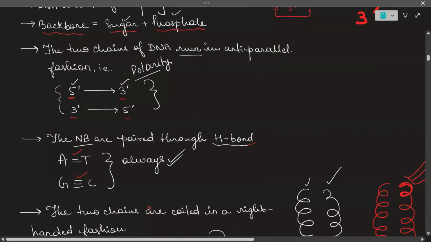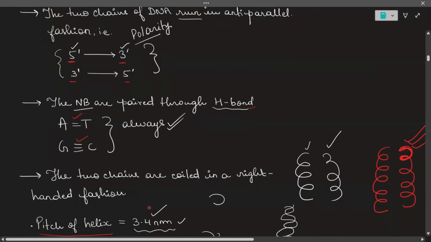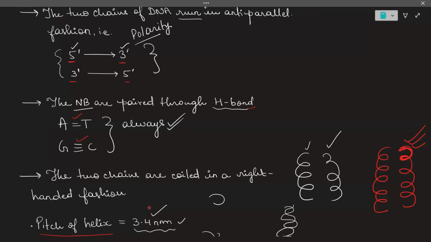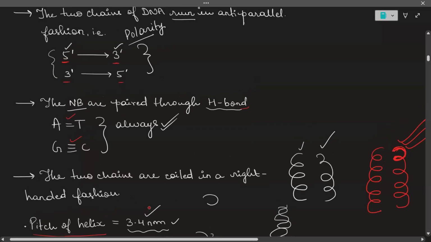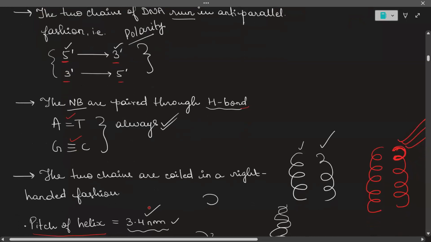And remember that the nitrogenous bases are paired with the help of hydrogen bonds. Adenine will always form hydrogen bonds with thymine, two hydrogen bonds, whereas guanine will always form hydrogen bonds with cytosine, and three hydrogen bonds will be formed. The DNA that we have is a right-handed coil, meaning it is like this.